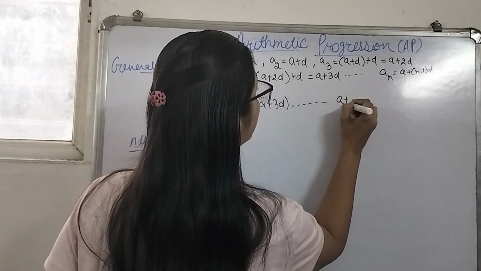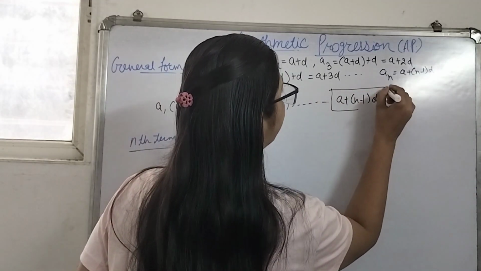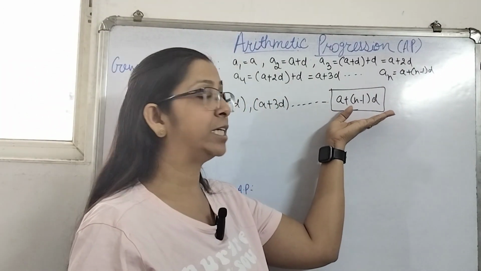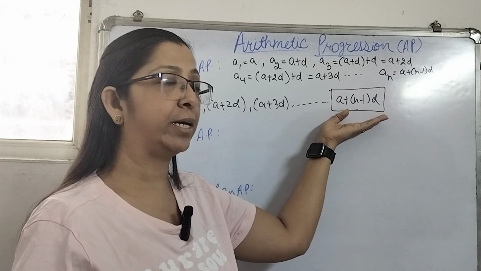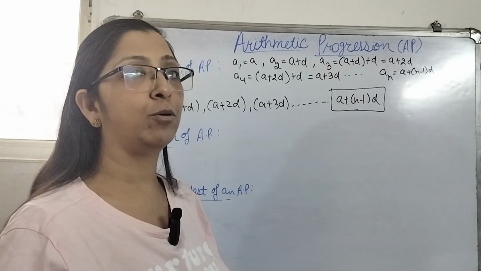It is the general form of the AP, and by this we can find the nth term of an AP. Whatever AP series we have, we can find the nth term of the AP using this formula.